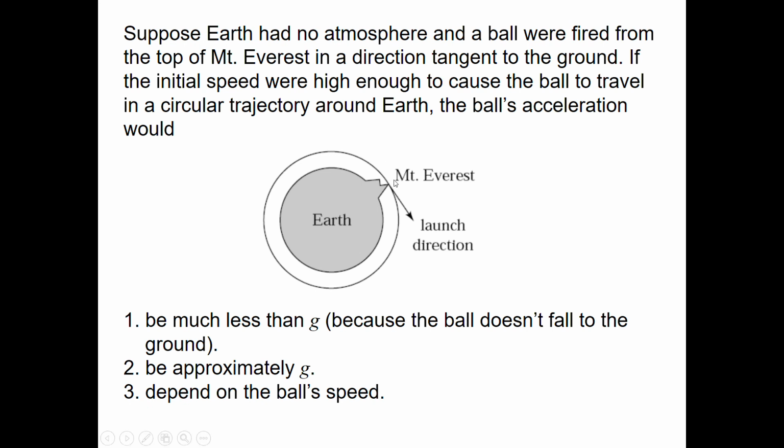So we're firing it at just the right speed so that it goes into a low Earth orbit, at the same altitude as the top of Mount Everest. If the initial speed were high enough to cause the ball to travel in a circular trajectory around Earth, the ball's acceleration would be much less than g, approximately g, or it would depend on the ball's speed. So think about your vote.